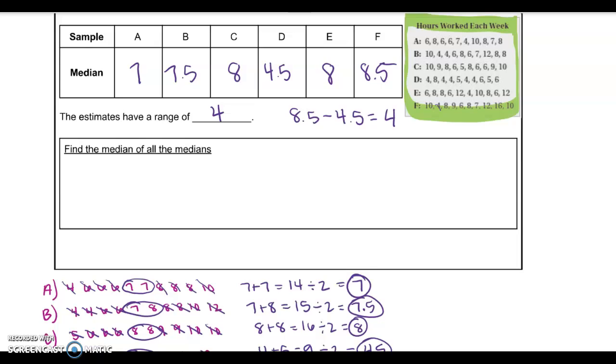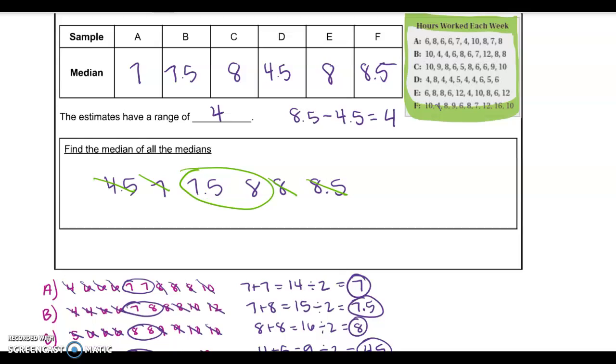Now it says find the median of the medians. So let's put those in order from least to greatest. We had 4.5, then 7, 7.5, 8, 8, and 8.5. We are going to cross off and find the middle. So we're going to find the middle number between those two.